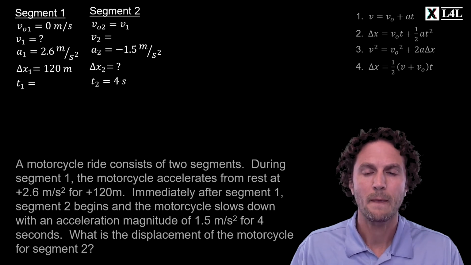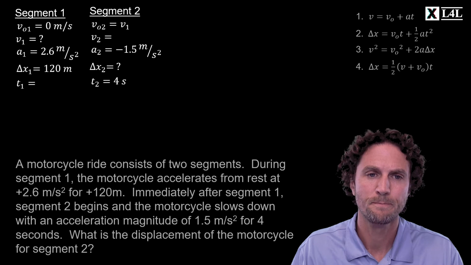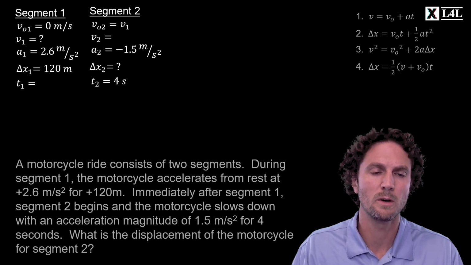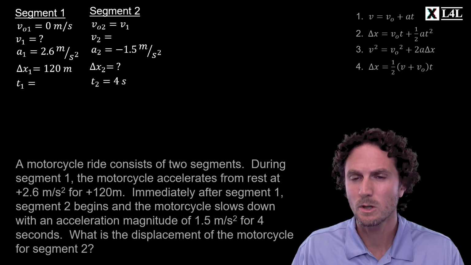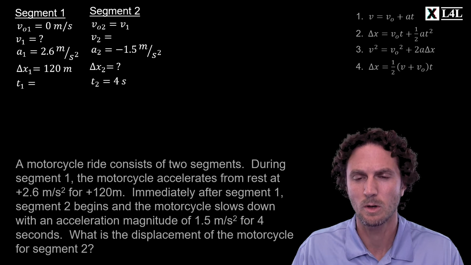Again, I have the 4 uniformly accelerated motion equations here. You want to make sure you have them handy anytime you're solving these problems. We have 3 known variables for segment 1. Can you determine which equation we want to use to solve for the final velocity of segment 1?